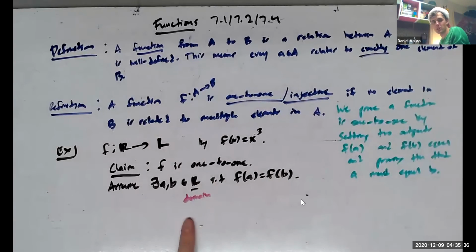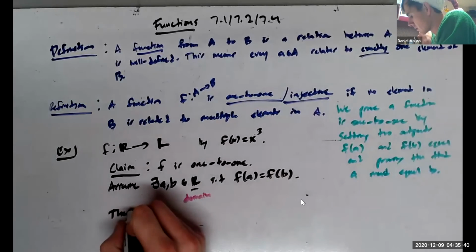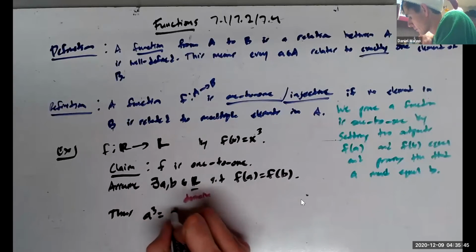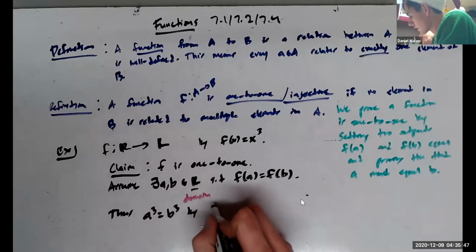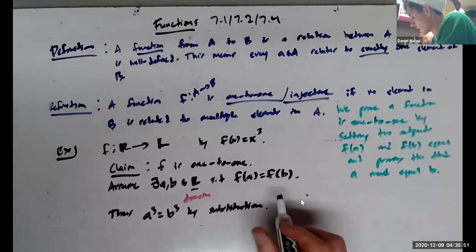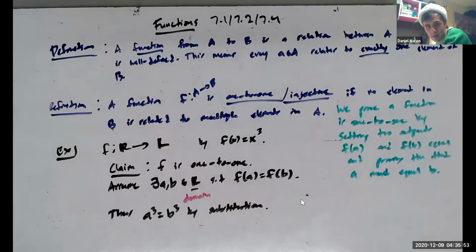So assuming there's just an A and B in the domain, so the f of A equals f of B. Thus, this means that A cubed must equal B cubed by substitution, because that's what f of A, f of B equal.